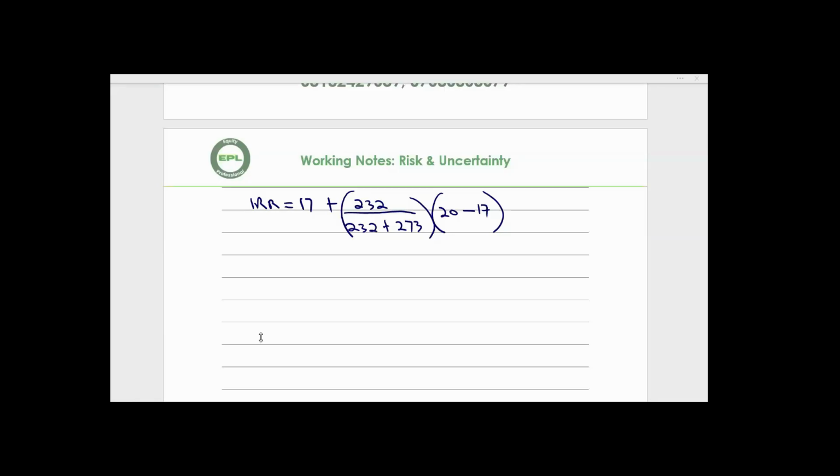Then plus 17, 18.34. Our internal rate of return is 18.34%. Wait, error.